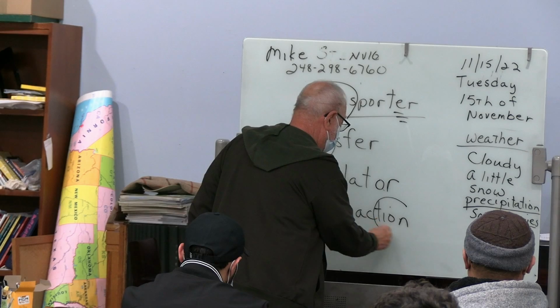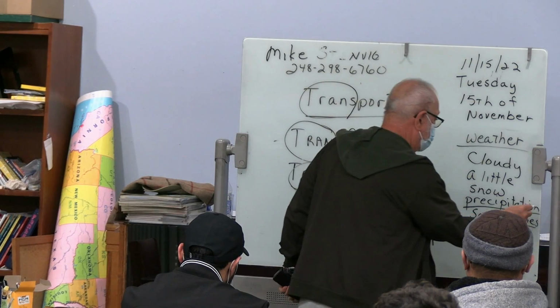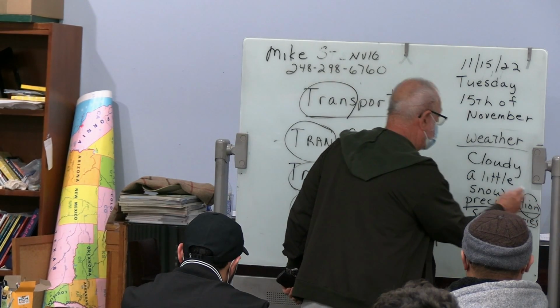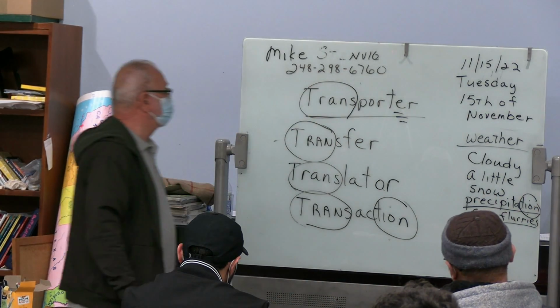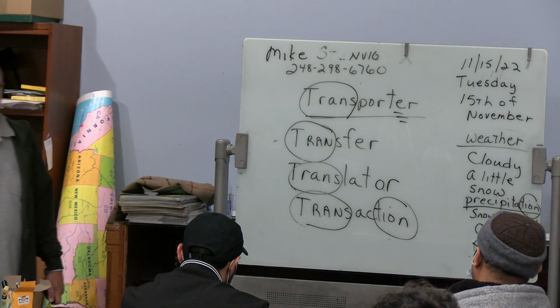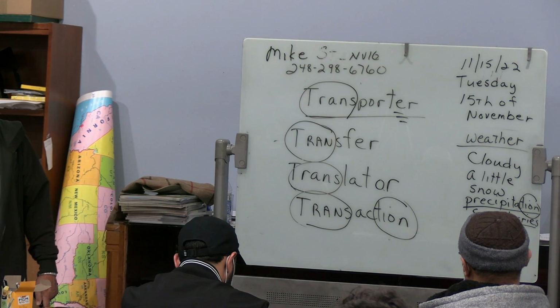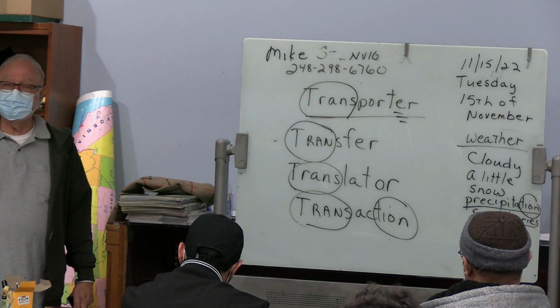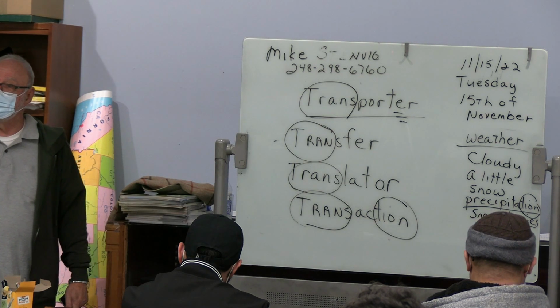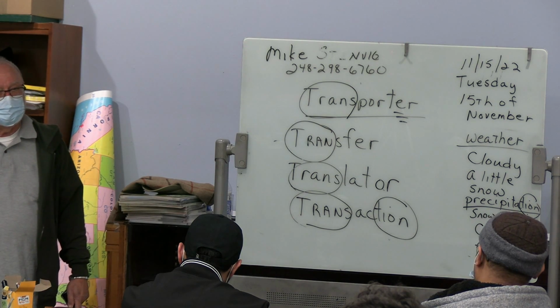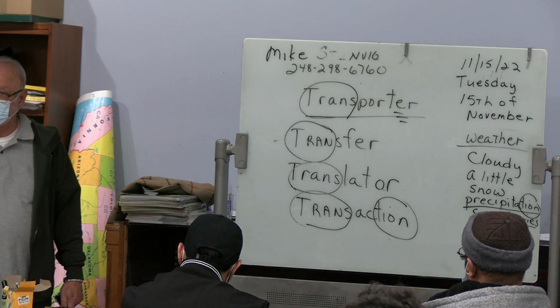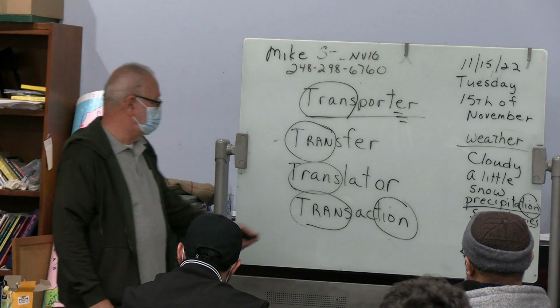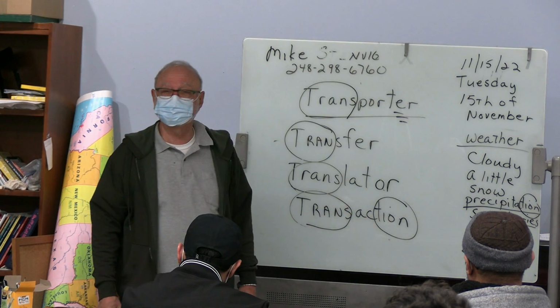We have two of them up here. T-I-O-N, shun. So when you see that T-I-O-N at the end of a word, almost always it's pronounced shun. T, no T sound, shun.